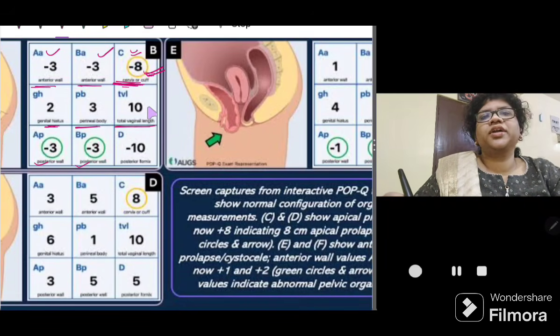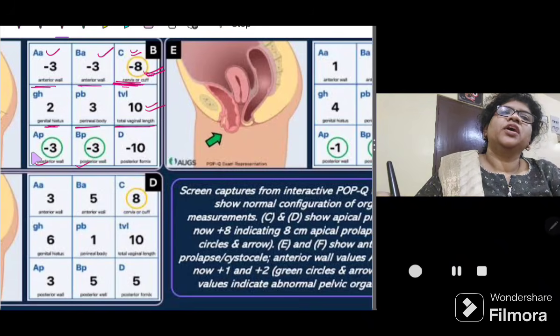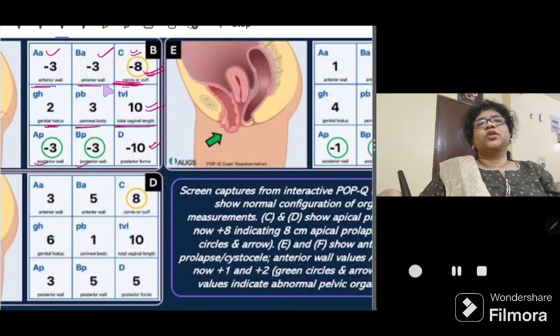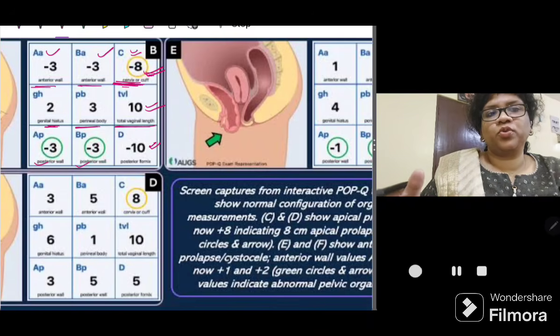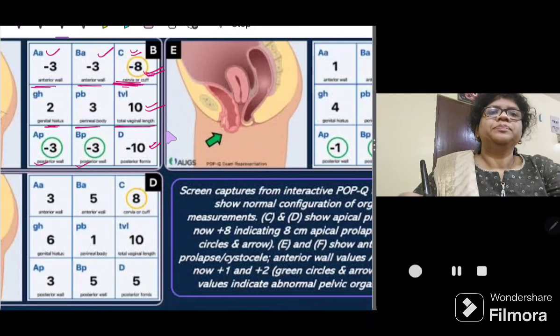TVL, as I told you, can be 8 to 10, so they have taken it as 10 centimeter. Again the posterior wall -3 and the posterior fornix measuring 10 centimeter. So this is what a normal patient with no prolapse looks like. Okay, so these all are the normal figures.